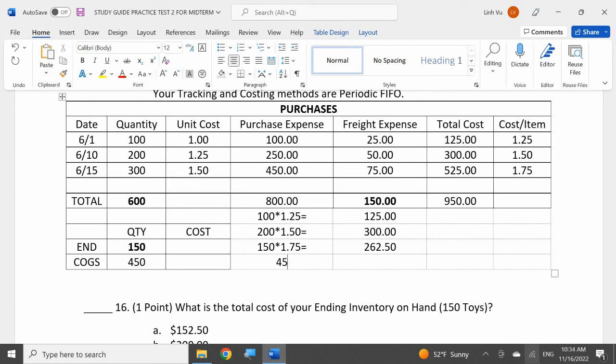Add those values up together, you should get a total of 450 units sold at a grand total of $687.50.